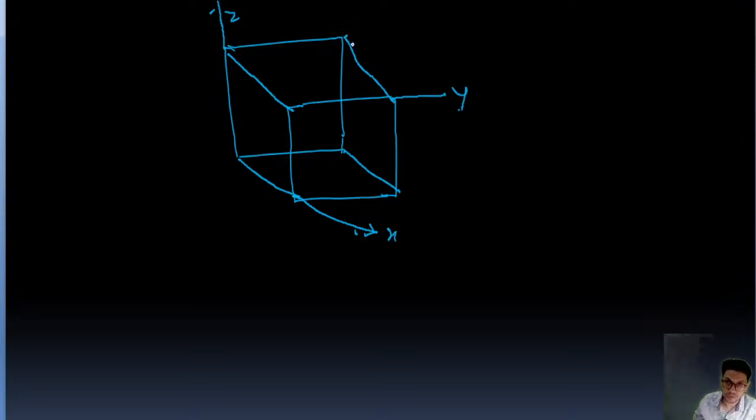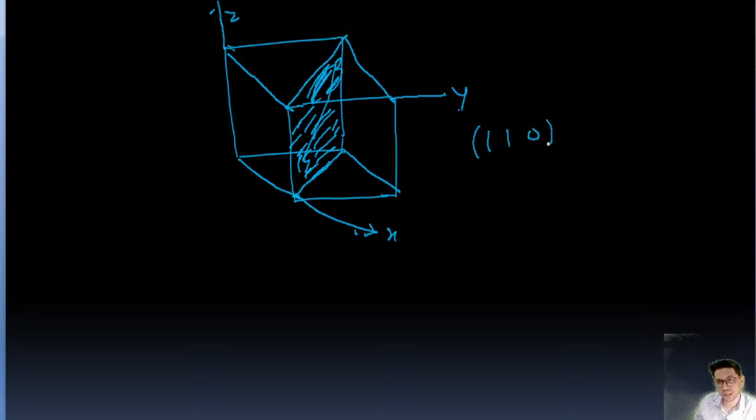So now we'll draw a plane. This plane is going to be like this, and like this. So this is the 1 1 0 plane, guys, whose Miller indices are 1 1 0.